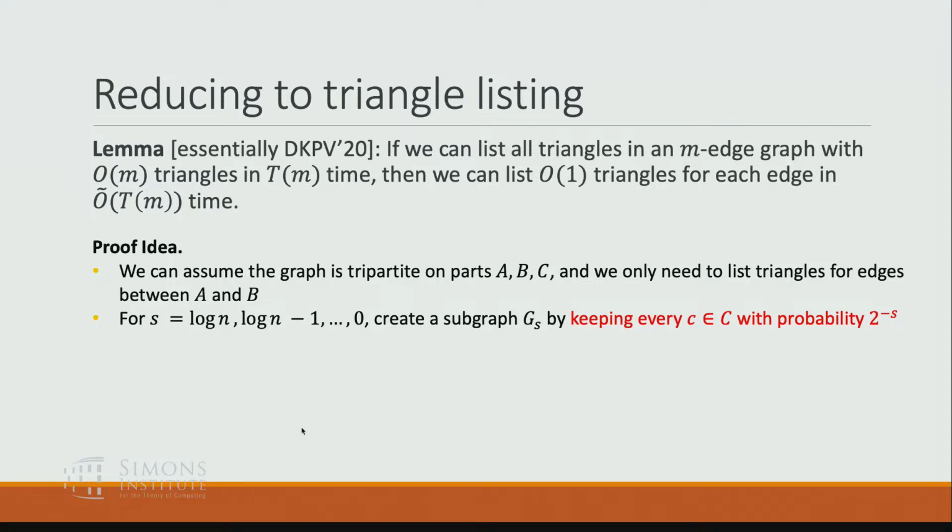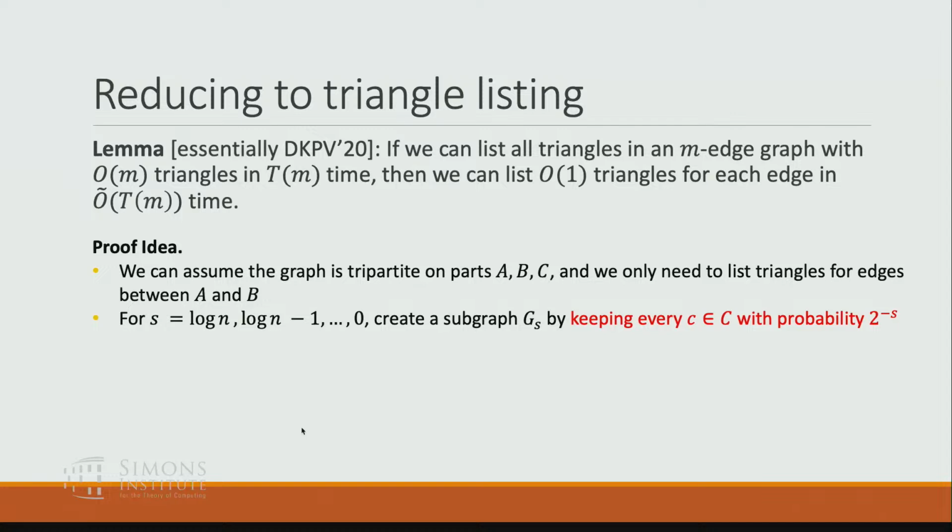Then for s from log n all the way down to 0, we create a subgraph G_s by keeping every vertex in C with probability 2 to the negative s. Initially, we keep every vertex with probability 1 over n. Then in each iteration, we double this probability.